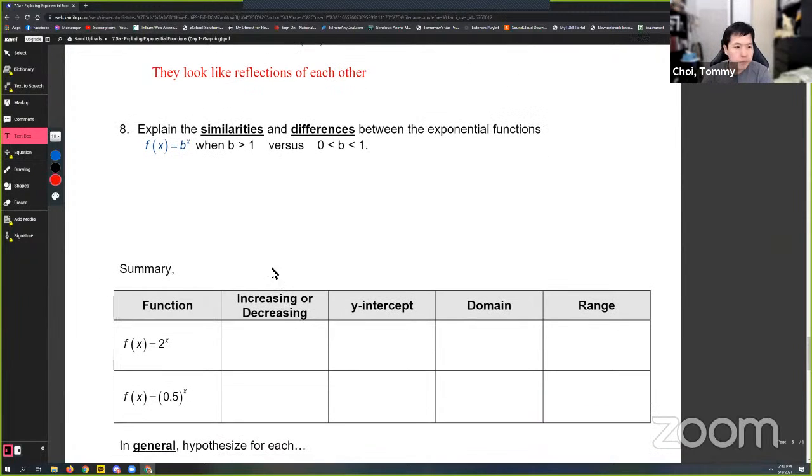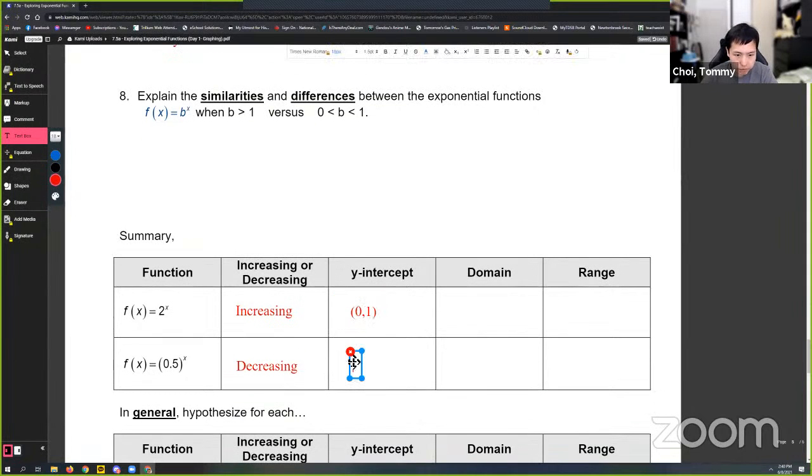Let's just summarize it. So 2 to the power of x was increasing, while 0.5 to the power of x was decreasing. The y-intercept was exactly the same. The domains were exactly the same. x is any real number.